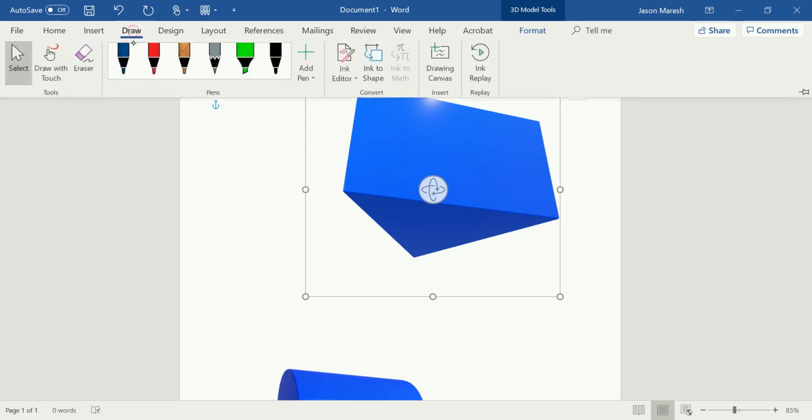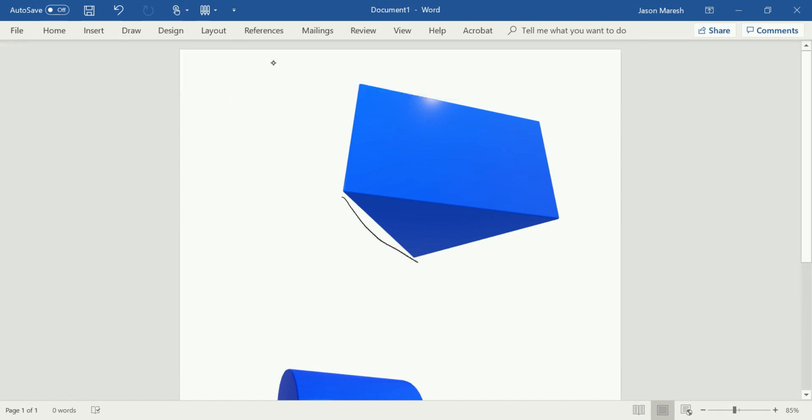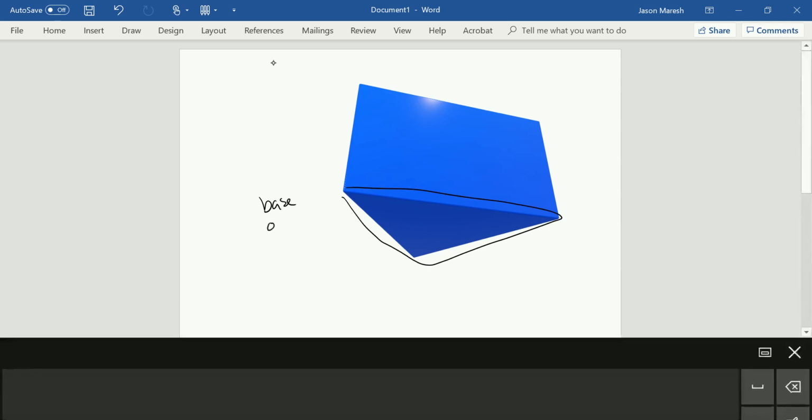I'm going to draw in here real quick. So this part right in here is the base of the prism.